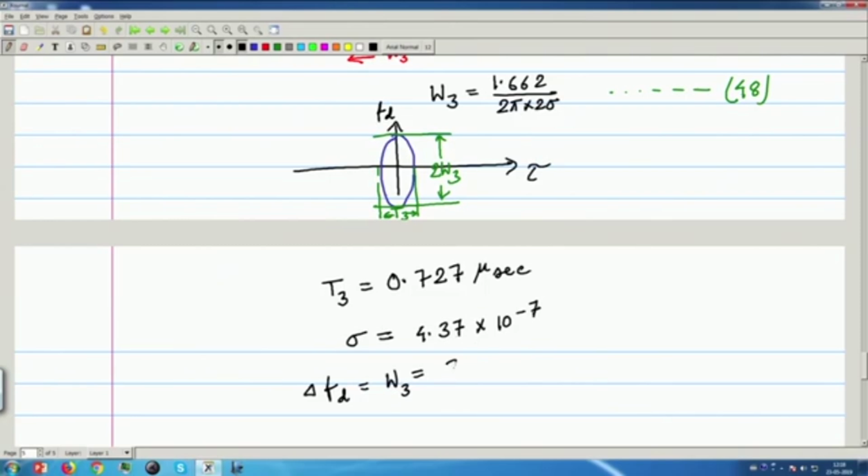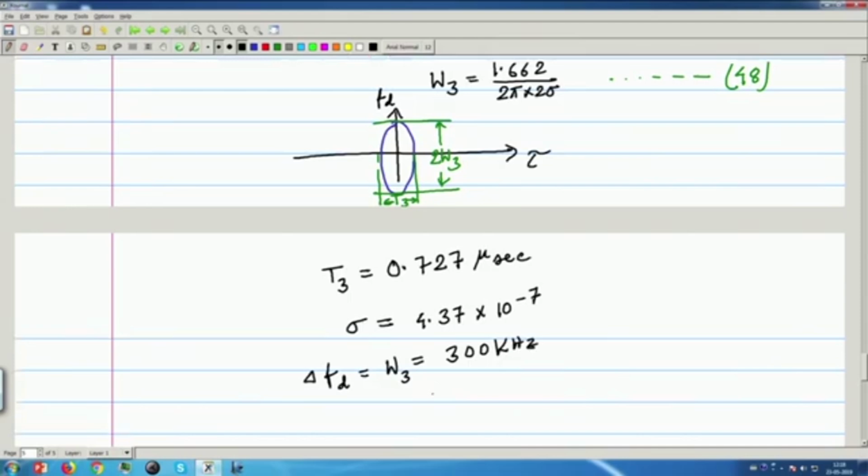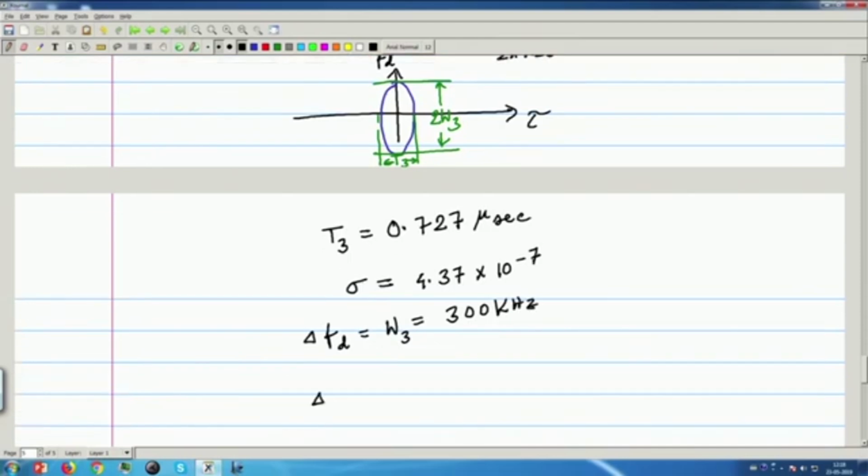If you put that, it will turn out to be 300 kilohertz, and then if we get this Doppler resolution, we can get the velocity resolution. So, delta V, you can put, and that becomes 15 kilometer per second. So, a huge improvement.